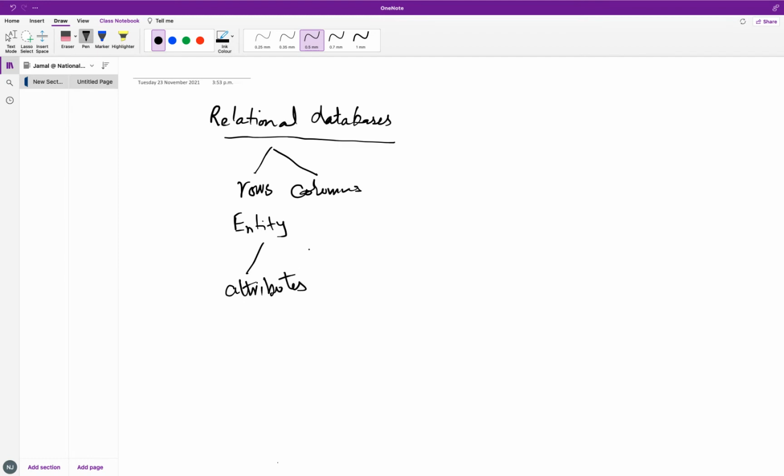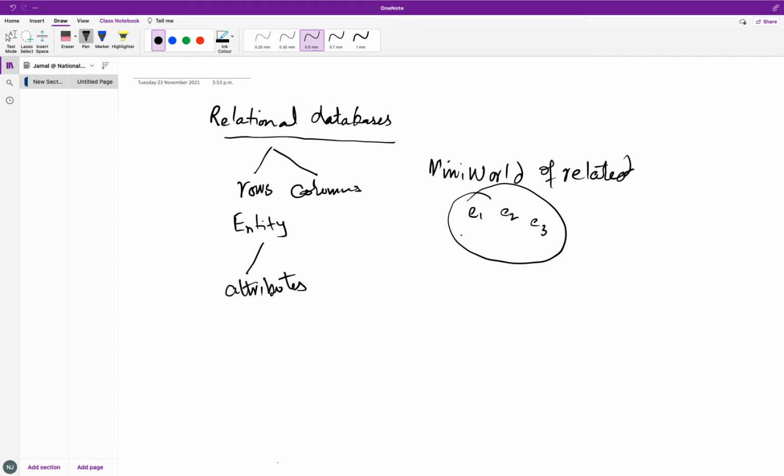Remember, we started the database course from the definition of a database: it's a mini world of related entities. For example, we have different entities, they are related with each other, so that's why they make one database.